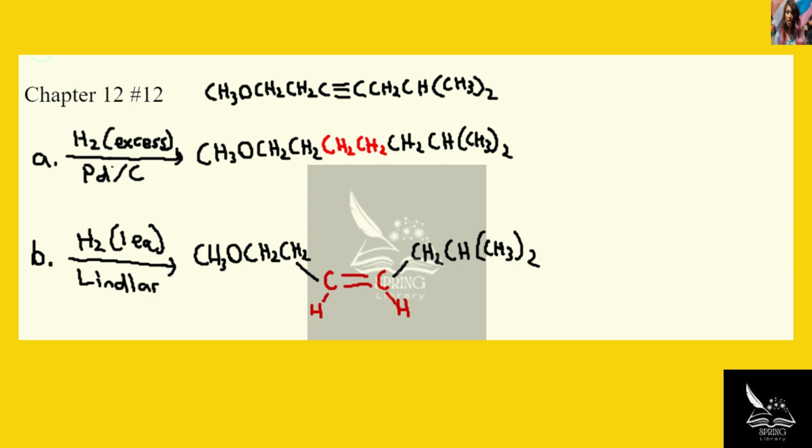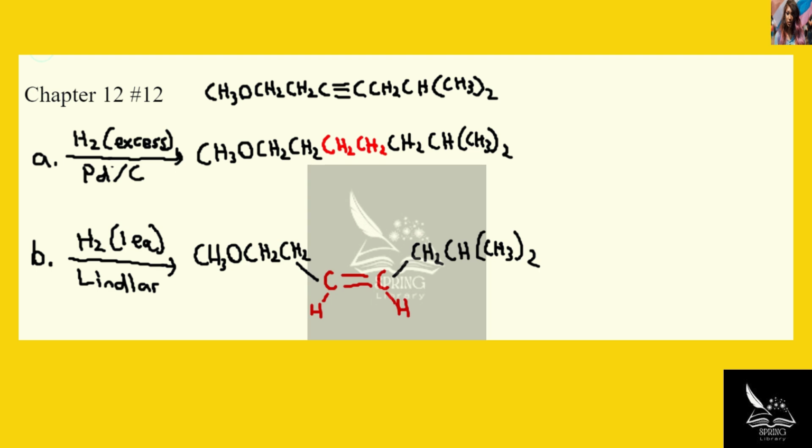And so A is asking us to treat the starting material with excess hydrogen gas and just regular palladium on carbon. And so, of course, the result of that is going to be complete hydrogenation all the way down to the alkane.